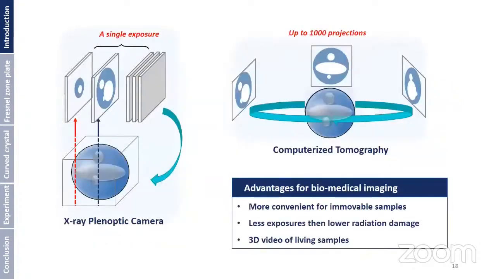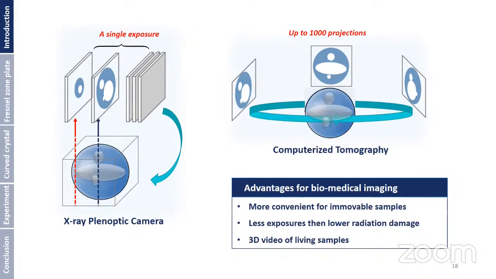Combining these properties of the plenoptic camera with the penetrativity of X-rays, it allows us to reconstruct images focused at different depths inside of an object and reconstruct a 3D model of the internal structure of the object.